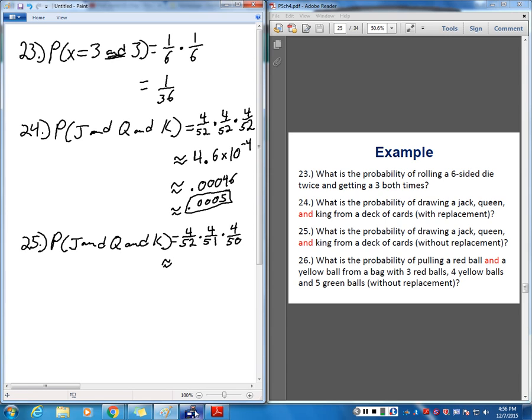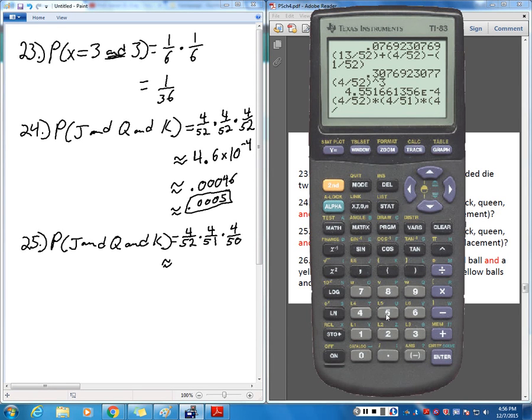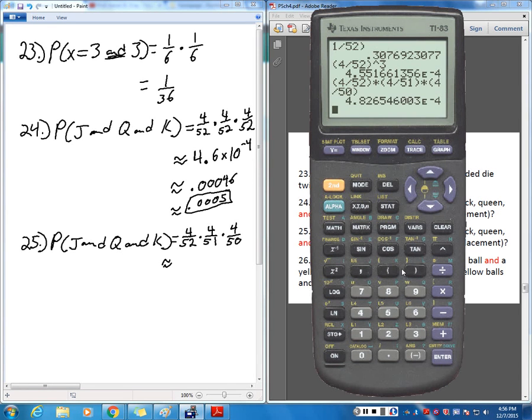So let's find that decimal equivalent. If I use parentheses, I can do that in the calculator like so. And I get something similar to what I got in number 24.